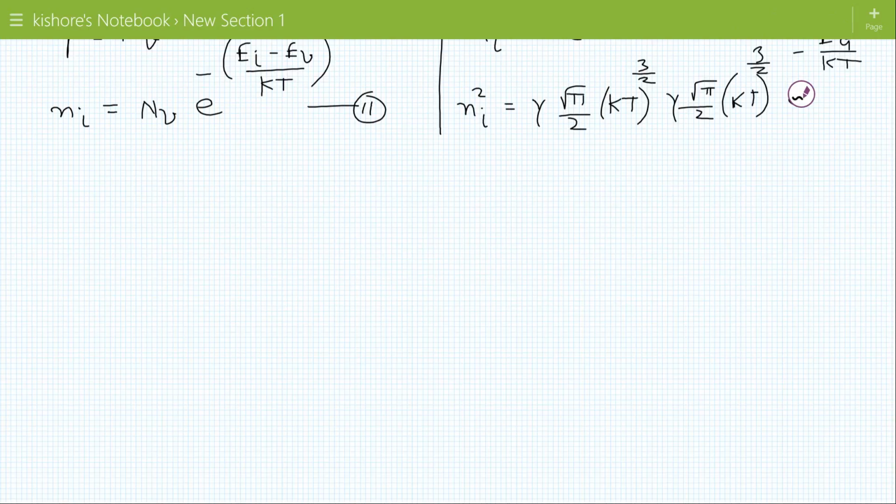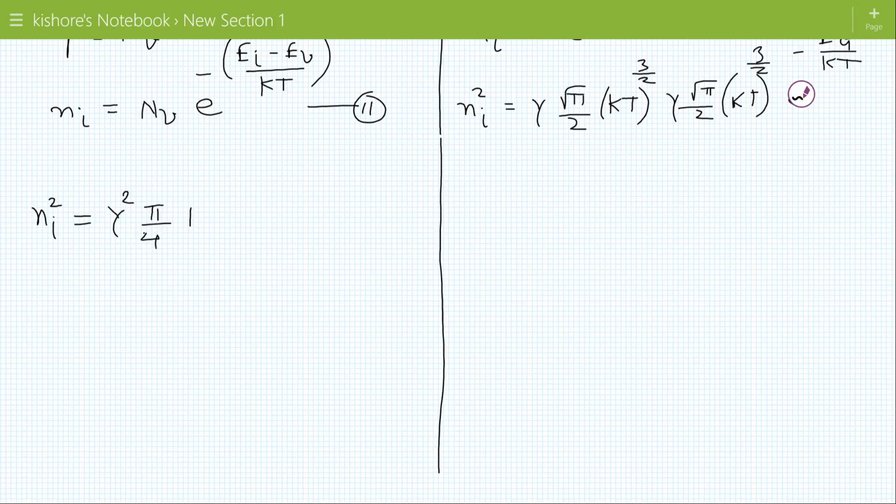So Ni square is gamma square pi by 4 (kT) to the power 3 e to the power minus Eg by kT.